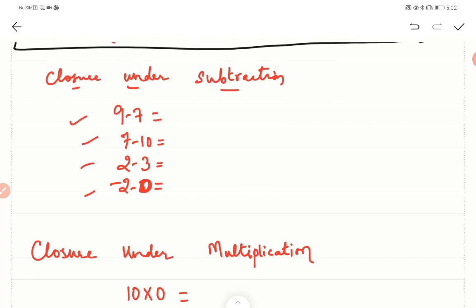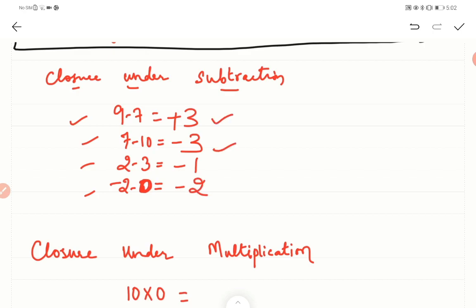See these examples. 9 minus 7, how much is it? 2. Then 2 minus 5 is minus 3. And 2 minus 3 is minus 1. And 0 minus 2 is minus 2.